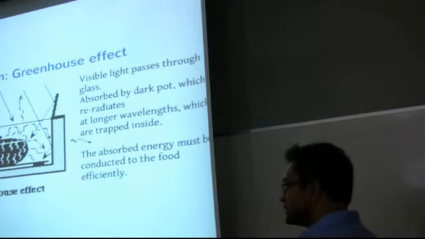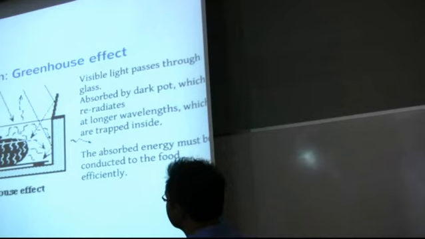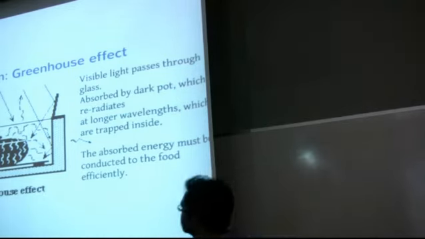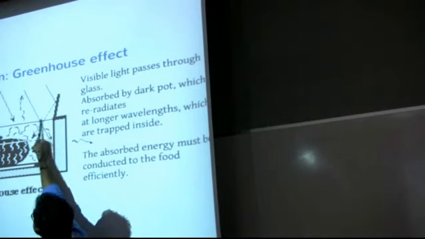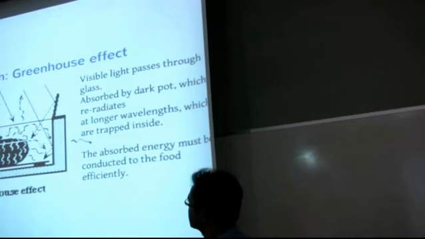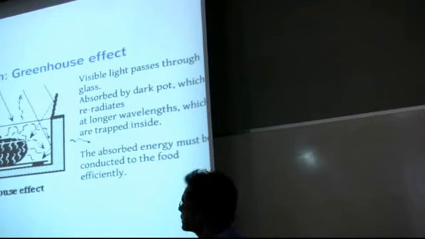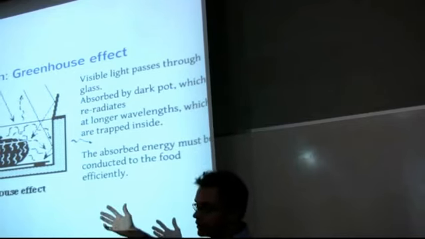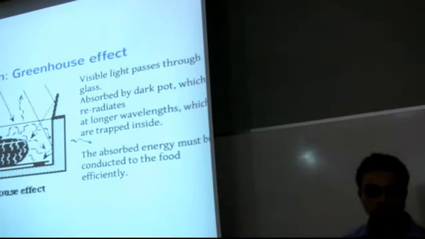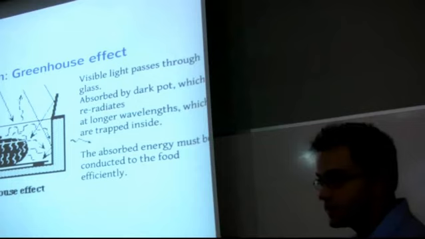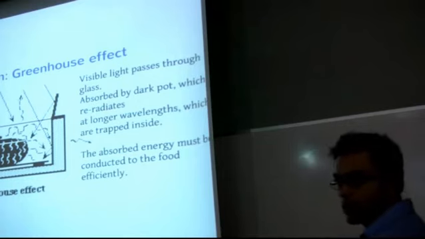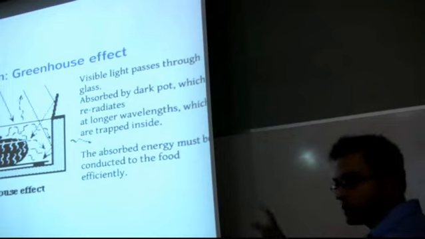In this particular example, different things have different goals, obviously. Heat gain is essentially a greenhouse effect. As we saw before, we have a plastic or glass lid which allows visible light to go through, and that gets absorbed by the dark utensil, pot, or whatever, and typically re-radiates. Whatever absorbs will also radiate, but because it's a black body, it will re-radiate at a longer wavelength. We'll talk a little bit about that also.